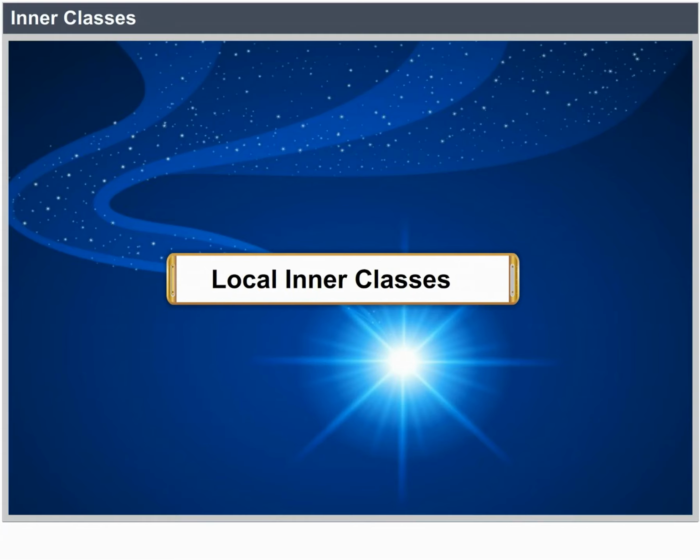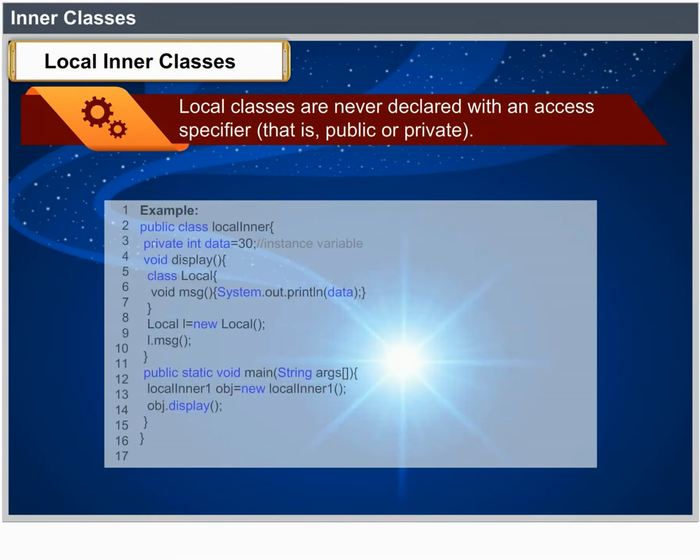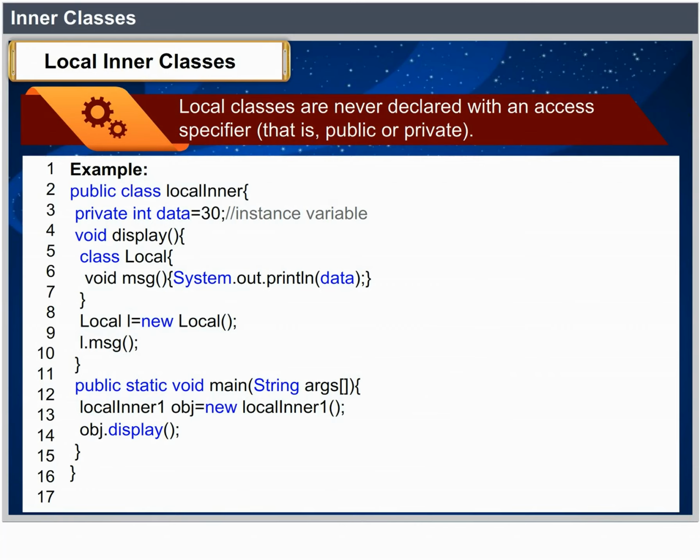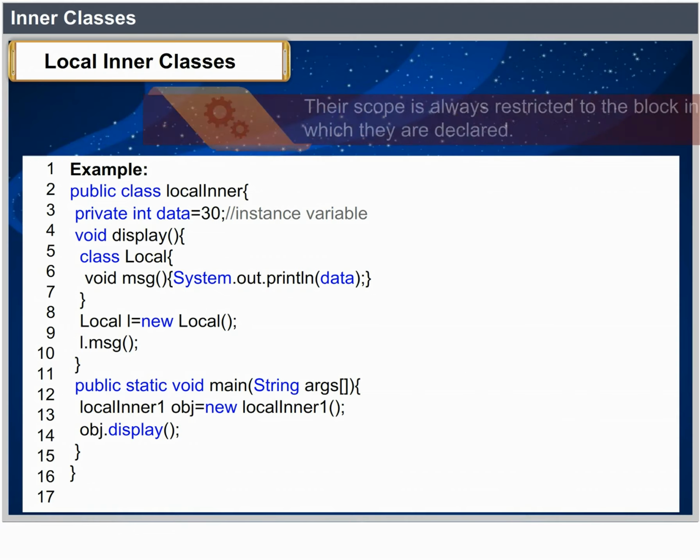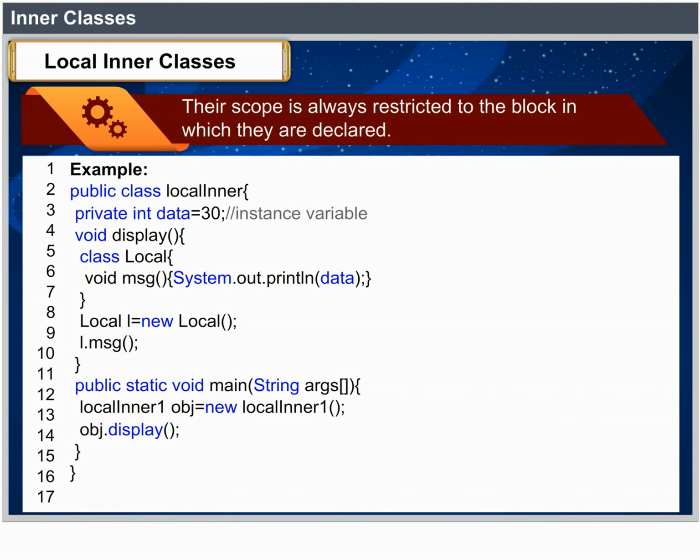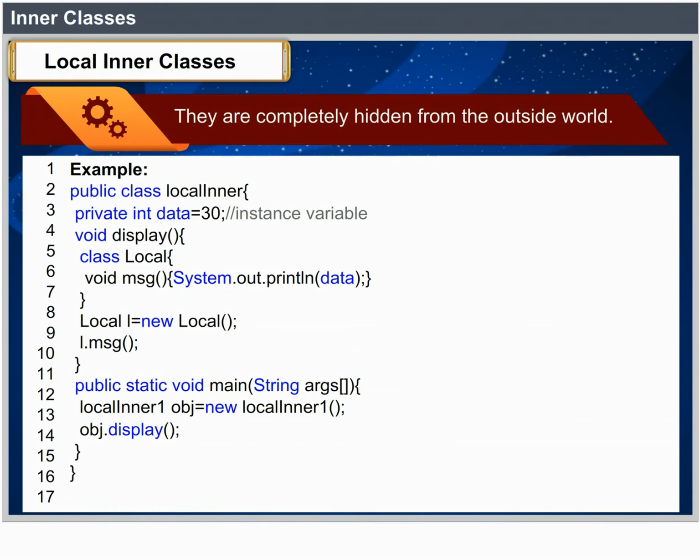Local inner classes. Local classes are never declared with an access specifier, that is public or private. Their scope is always restricted to the block in which they are declared. They are completely hidden from the outside world.